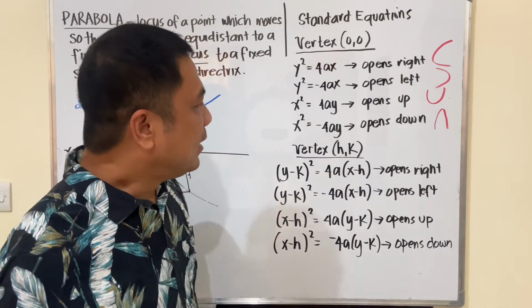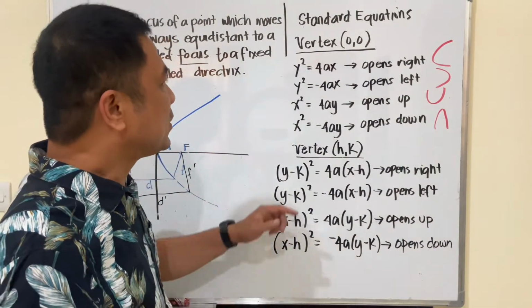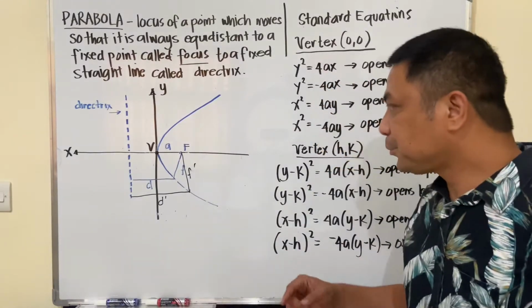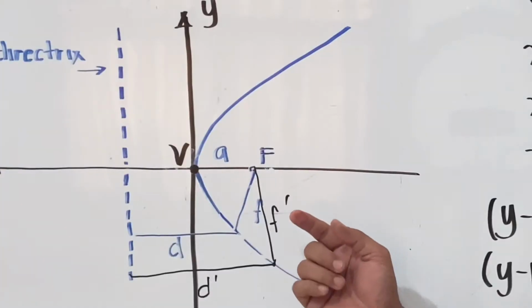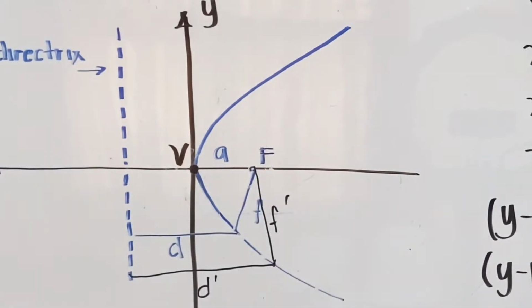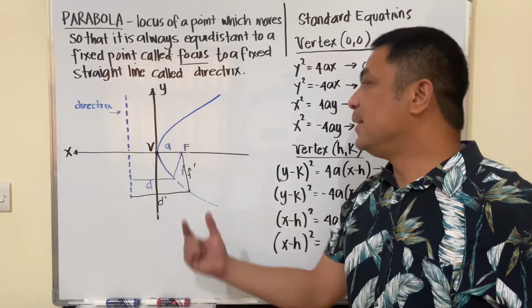Again, the other one is (x minus h) quantity squared is equal to negative 4a times (y minus k), so it opens down. By the way, before we move to our examples, what does a mean here? If you look at our curve, a is the distance between your focus and your vertex, so this is equal to a.